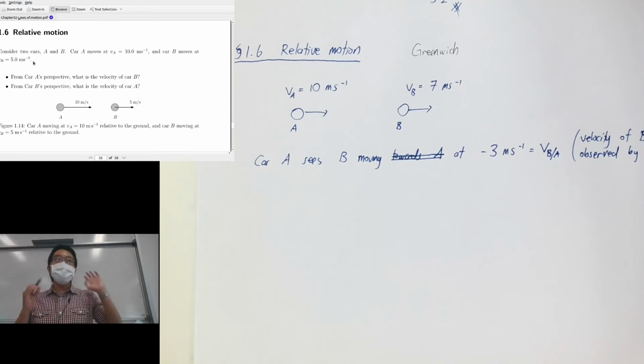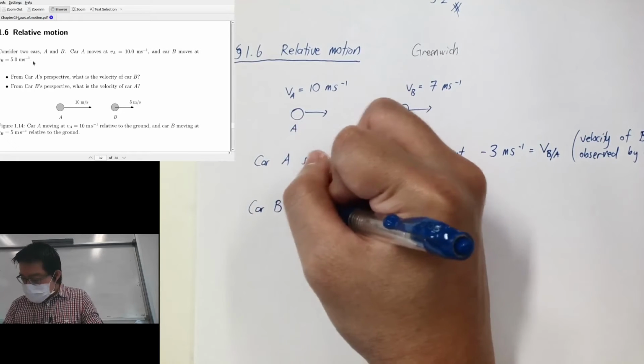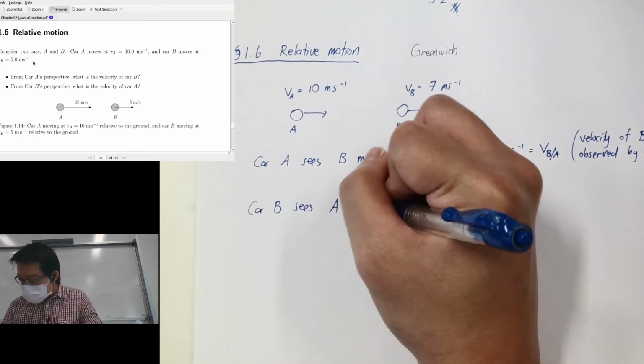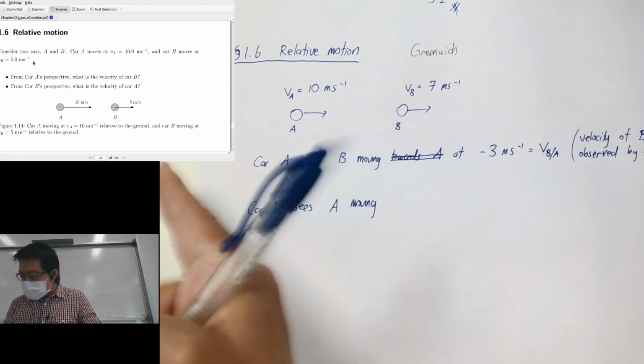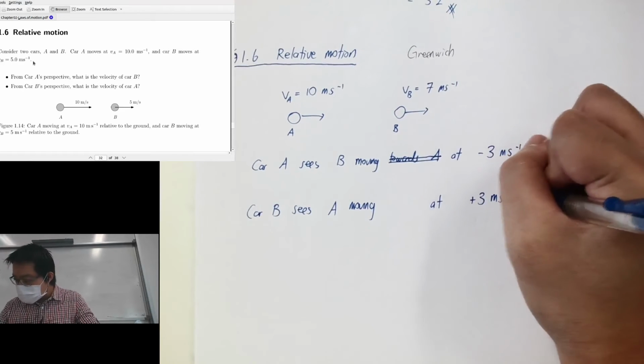Now imagine you are the car B, right? You are the one driving slow. Okay. So some guy driving so fast coming behind you. That means it is moving towards you at +3. So car B sees A moving towards B at +3 meters per second.